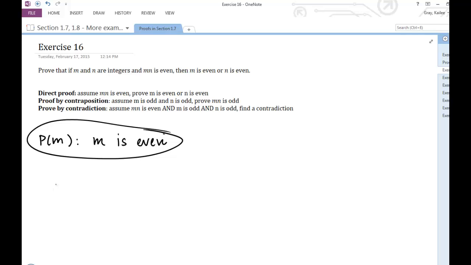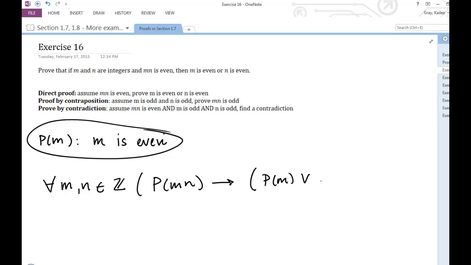So what we're trying to prove is, for all integers m and n, we want to show that if mn is even, then m is even or n is even.